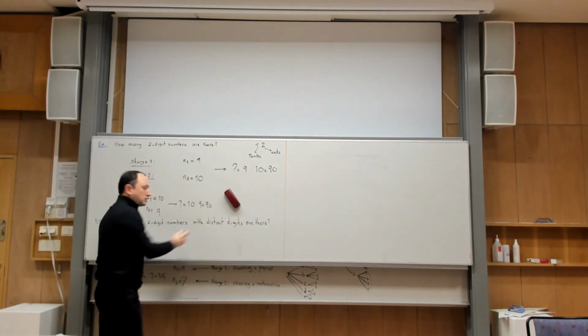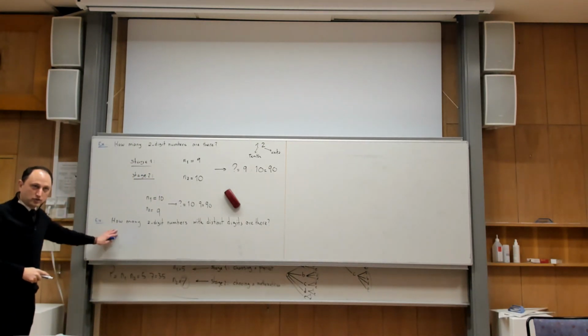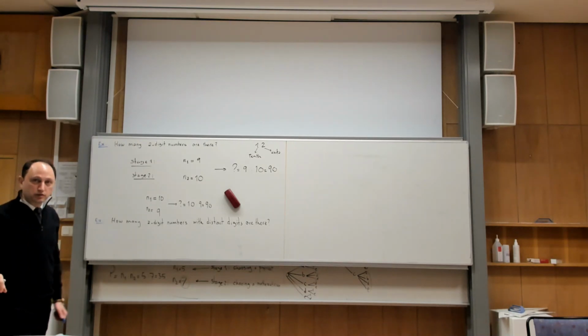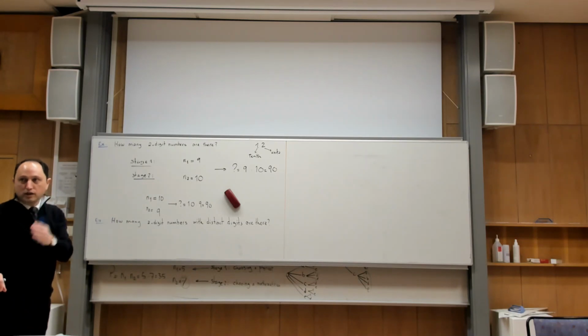Okay, let us answer this question. Of course, you really don't need the product rule to answer this question. Can you just immediately tell me how many of them are there without the product rule? Yes? 81. For example, one way to think about this is: how many two-digit numbers are there? We know there are 90 of them. But in 11, 1 is repeated. In 22, 2 is repeated. In 33, 3 is repeated.